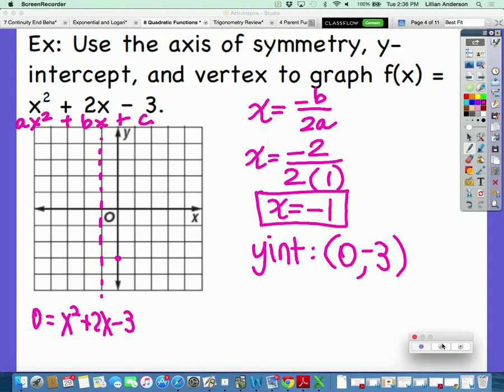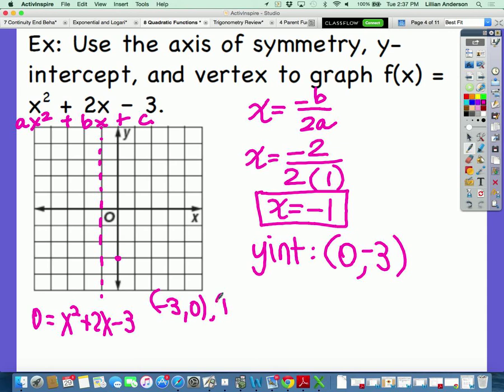Negative 3 and 1. Okay? When you factor, what were the two numbers that multiply to give you negative 3, add to give you 2? Plus 3 and minus 1. So then you would set both of your factors equal to 0, and yes, those are your x-intercepts.